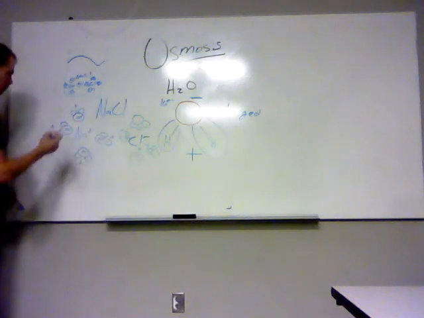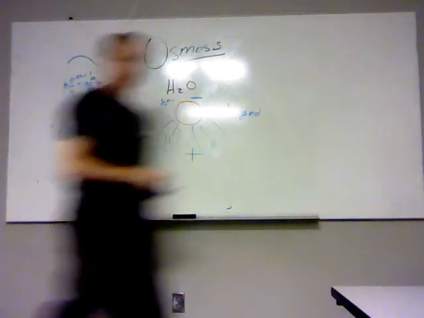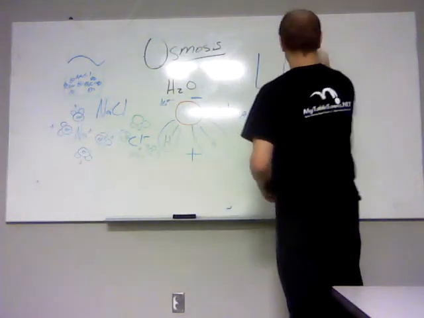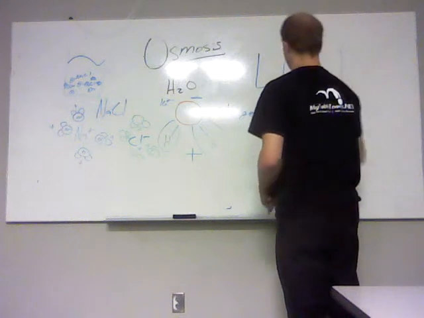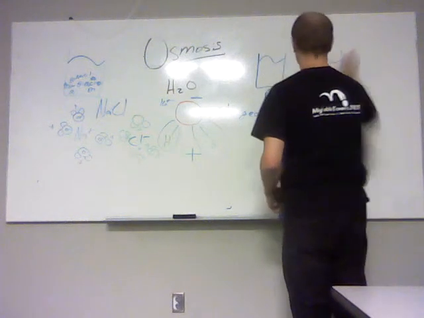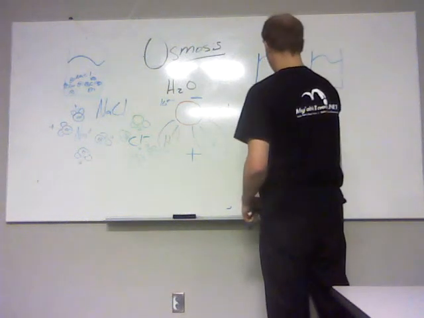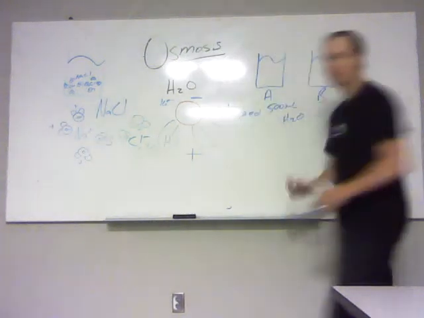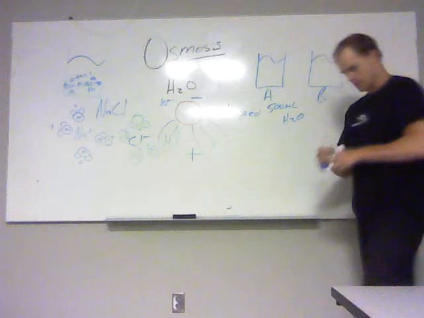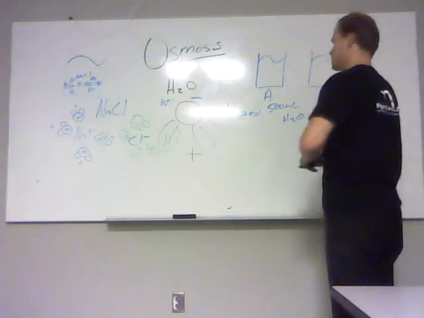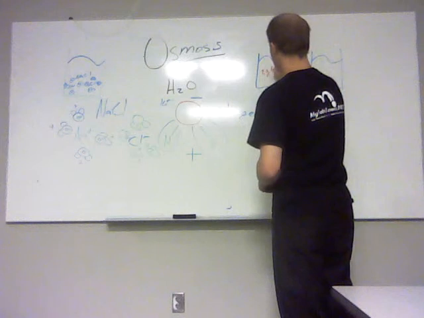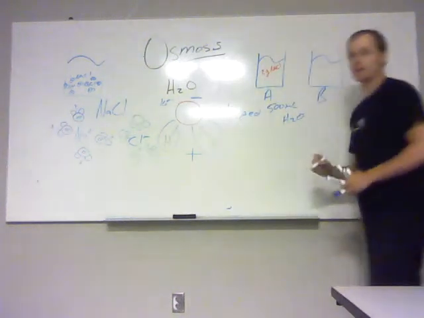So let's do a little example. Let's say I've got beaker A and I've got beaker B. Both of these beakers have 500 mL of H2O, 500 mL of water within them. Now in beaker A, let's say I put in 2 grams of sodium chloride.